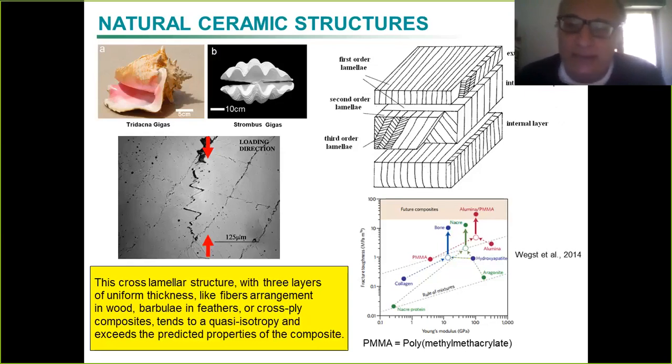Cross ply is when the fibers are disposed at 0, 90 degrees. Or we can have different layers at, for example, plus minus 25, plus minus 45 degrees. We try to reproduce a kind of quasi-isotropy.